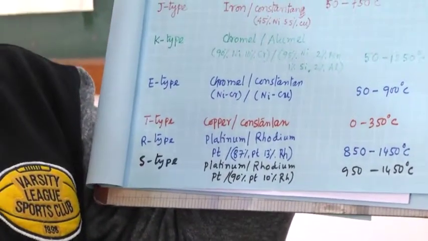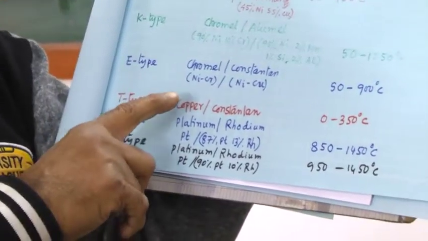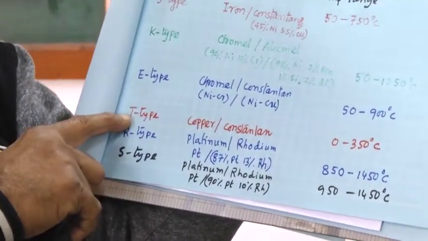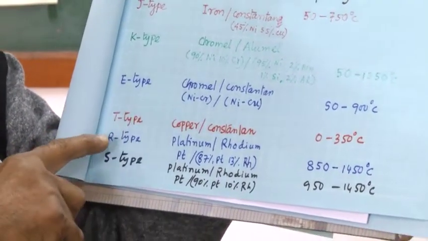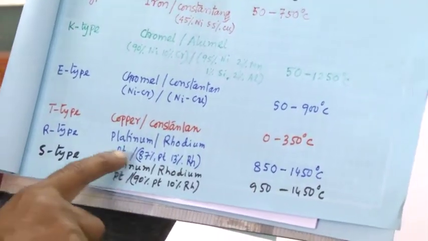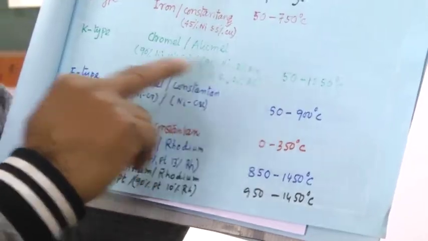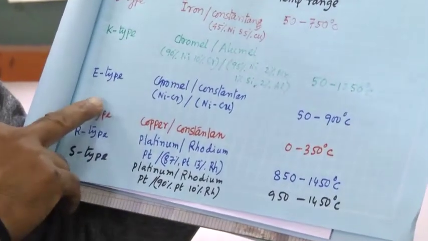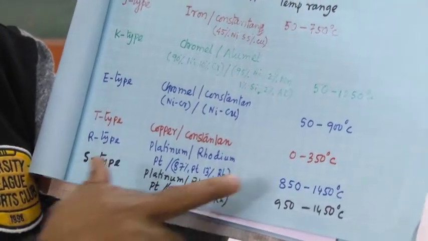Similarly there are chromel constantan and copper constantan. The thermocouple I was showing is copper constantan, which is called the T type. R type and S type are used for measuring higher temperatures, and this T type is used for measuring lower temperatures.